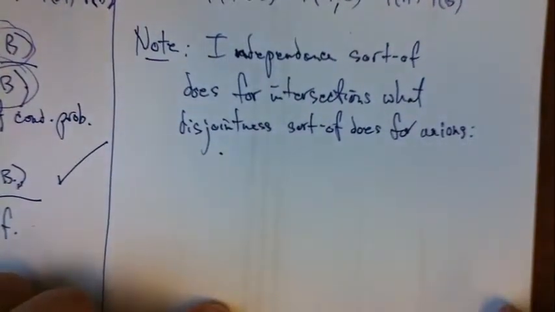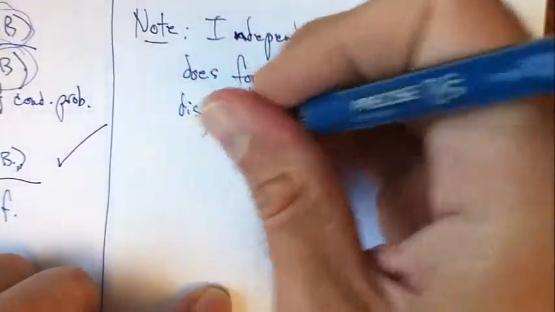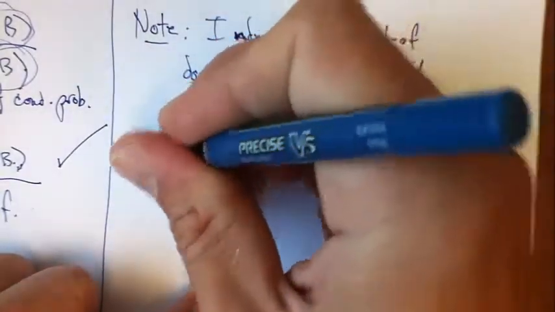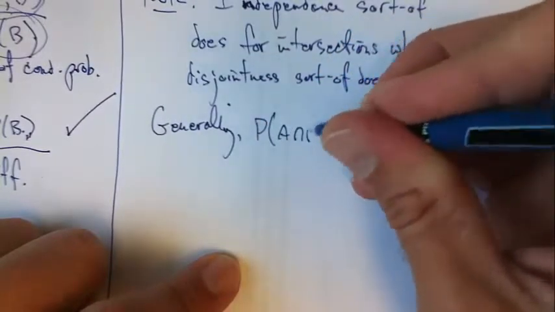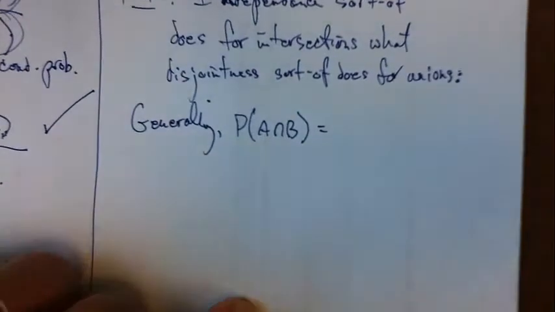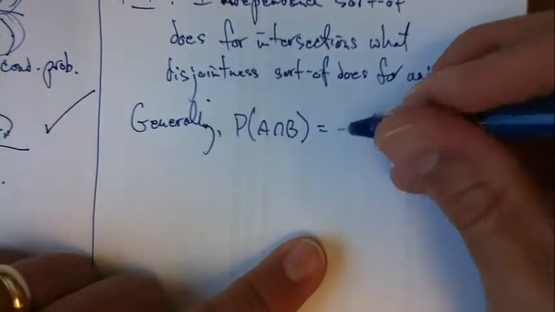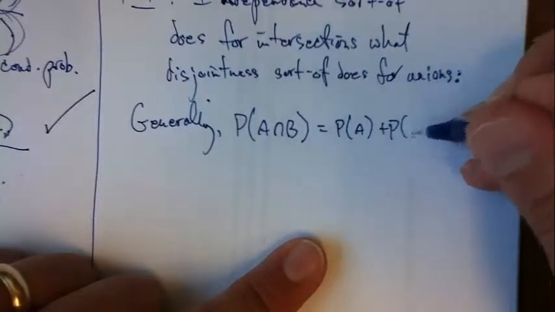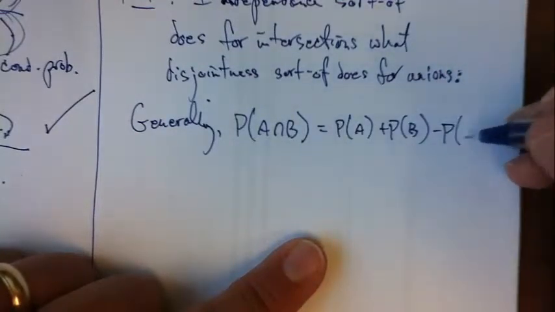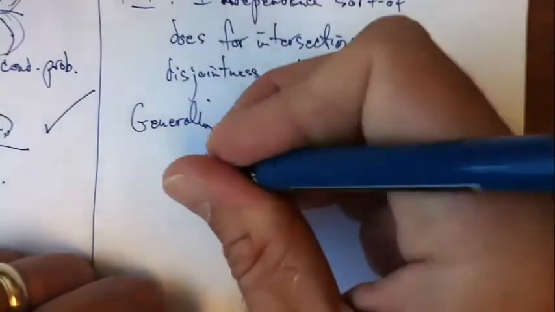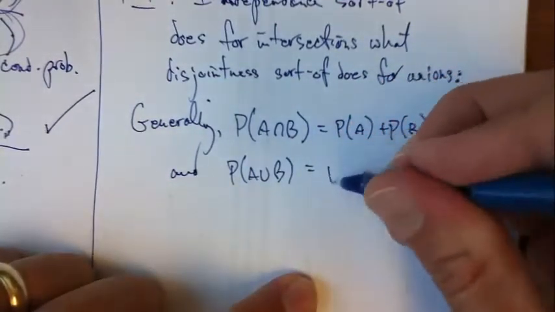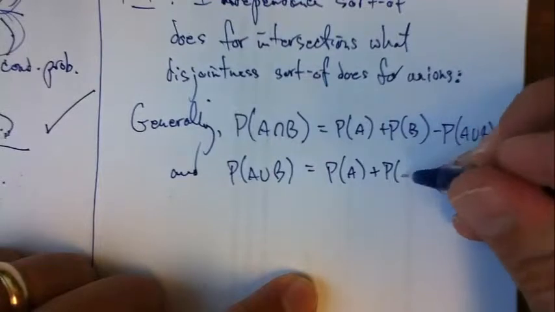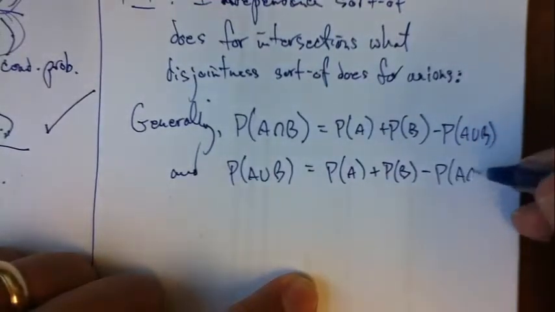What I mean by that is that generally we have the chance of A and B. Generally, the chance of A and B is the chance of A plus the chance of B minus the chance of their union. And the chance of A union B is the probability of A plus the probability of B minus the probability of the intersection.